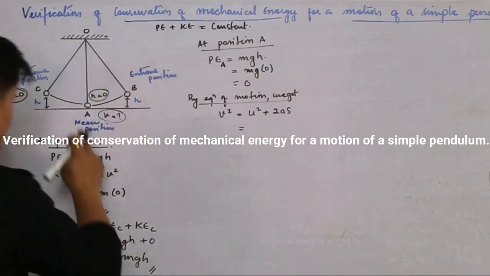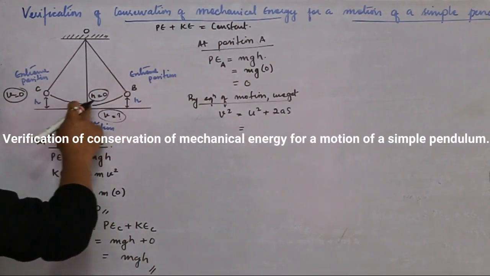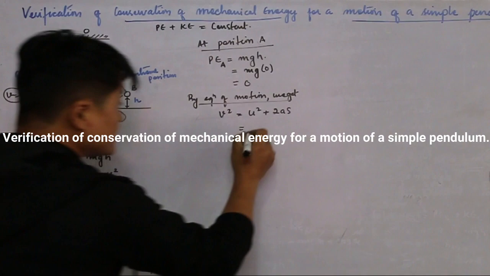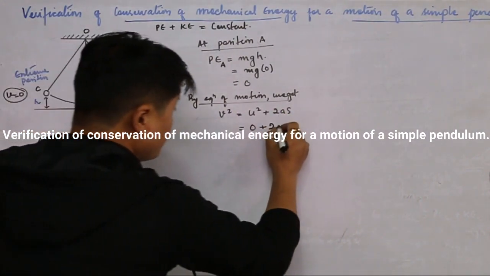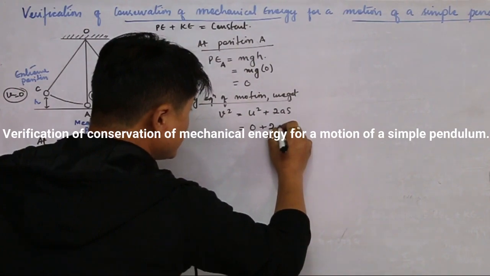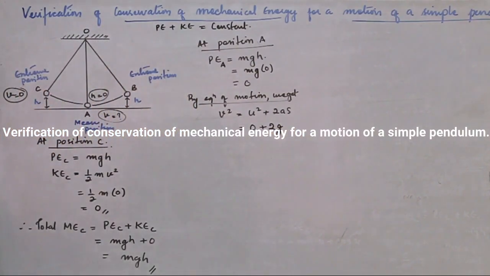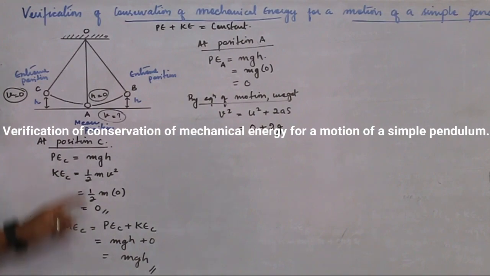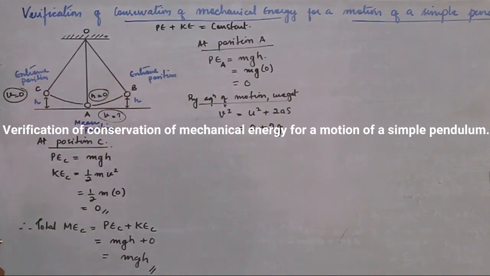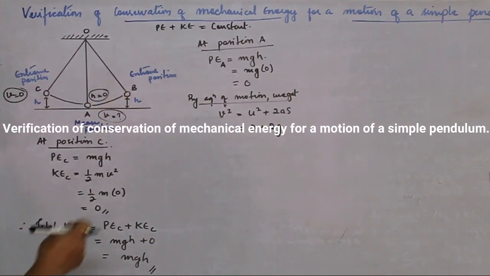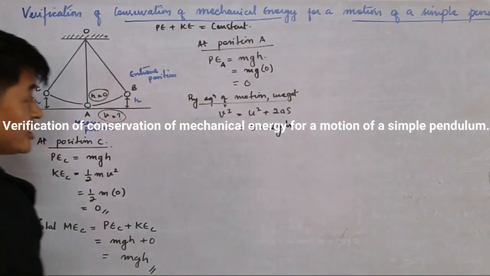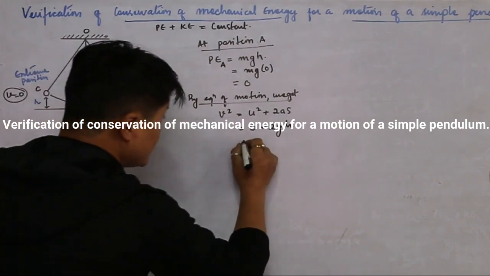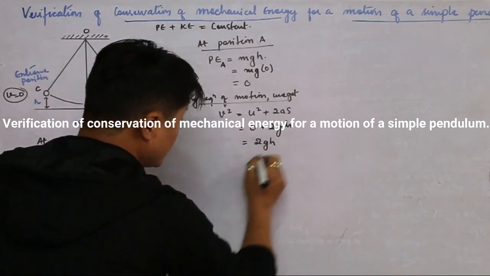Here u, initially when it is coming from C or from B, is 0, plus 2 times a, which is the acceleration due to gravity g, and here it is covering a maximum distance s, so that means it is coming from height h. So this distance s will be h, and v square is equal to 2gh.